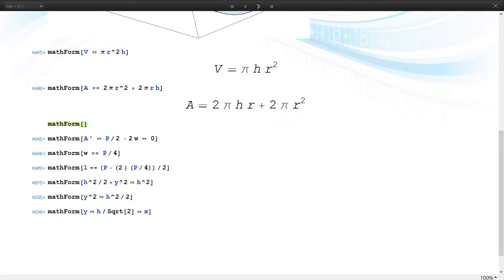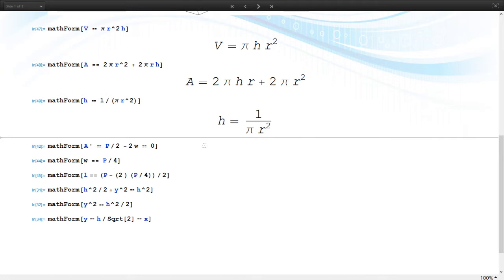So we get that h is equal to the volume divided by pi times r squared. We substitute that into the area equation.